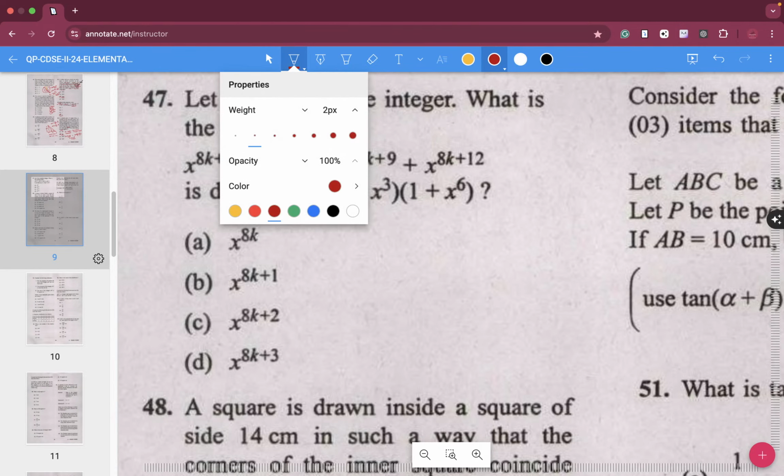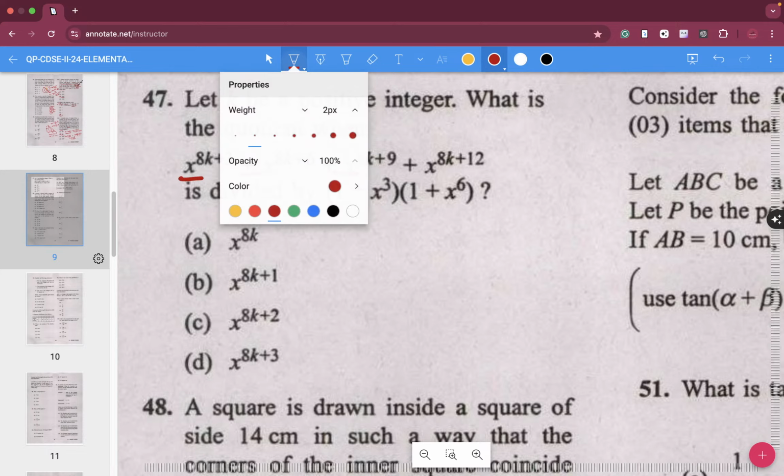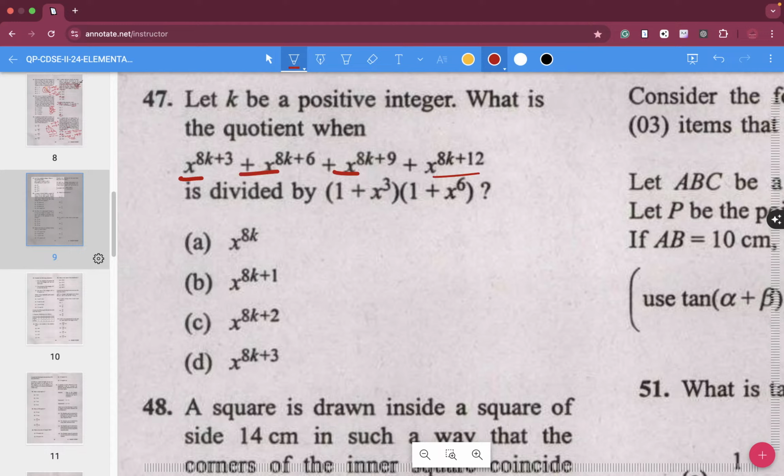For question number 47, I'm writing this entire expression as x raised to 8k plus 3, plus x raised to 8k plus 6, plus x raised to 8k plus 9, plus x raised to 8k plus 12. Now tell me, what is the thing that you can take common out of it? x raised to 8k plus 3 can be taken as common.